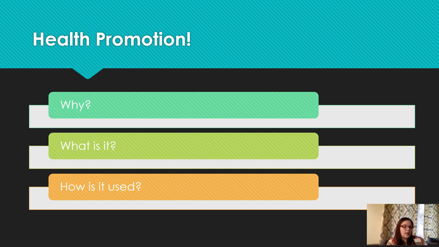We're going to talk about early intervention next week, but it's providing early intervention for developmental delays to try to prevent them from getting worse. You can take it back to the holistic approach to health, and that's how we use health promotion in pediatrics.